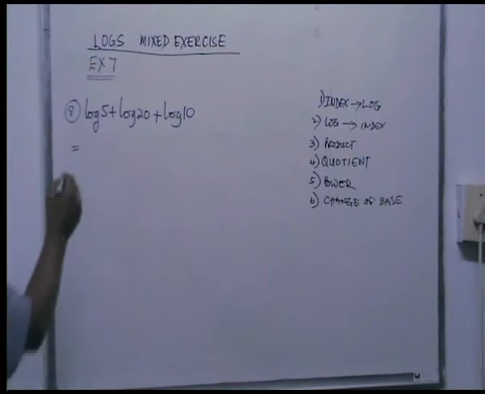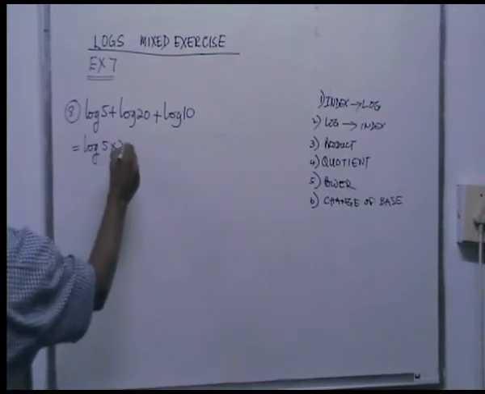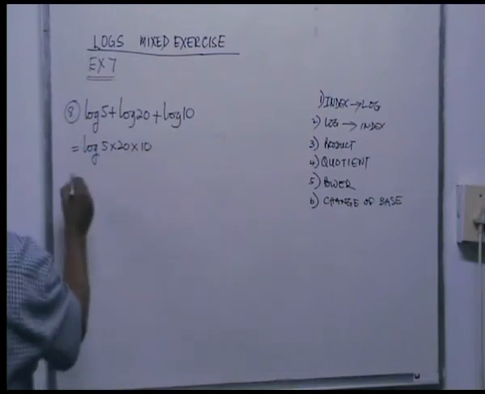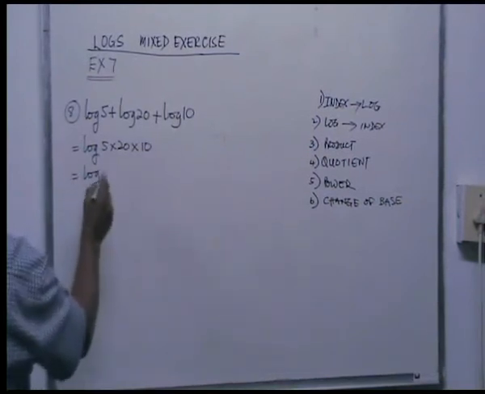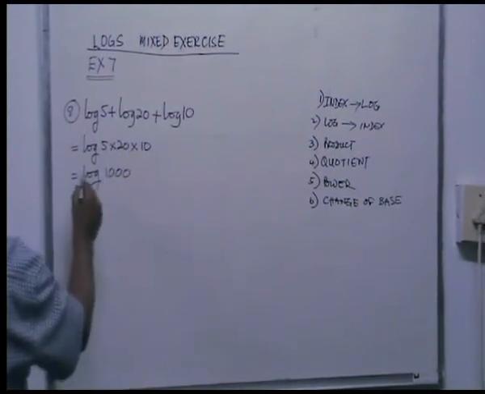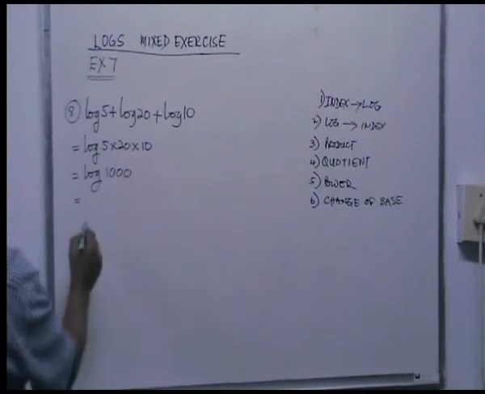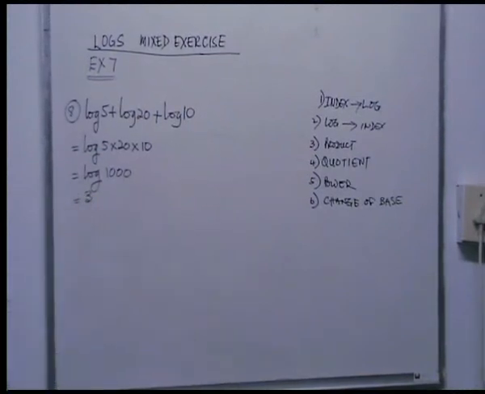So you are allowed to multiply it. So it will be log of 5 times 20 times 10, which becomes log 5 times 20, 100 times 10 gives you 1000. And then log 1000, you use the calculator, put in log 1000, and it gives you the answer 3. So that's the answer for number 8.